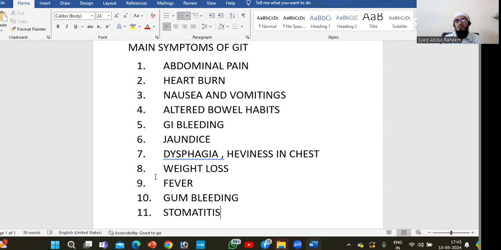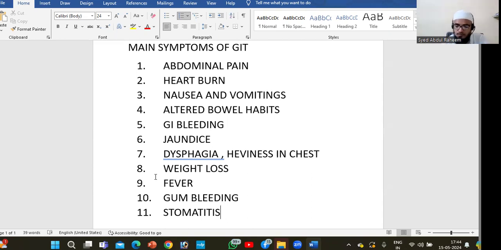You have to discuss altered bowel habits with the patient; some patients go to the washroom after eating food. Then GI bleeding, jaundice, difficulty in swallowing, weight loss, fever, gum bleeding, stomatitis. These are the symptoms reported related to the gastrointestinal tract.